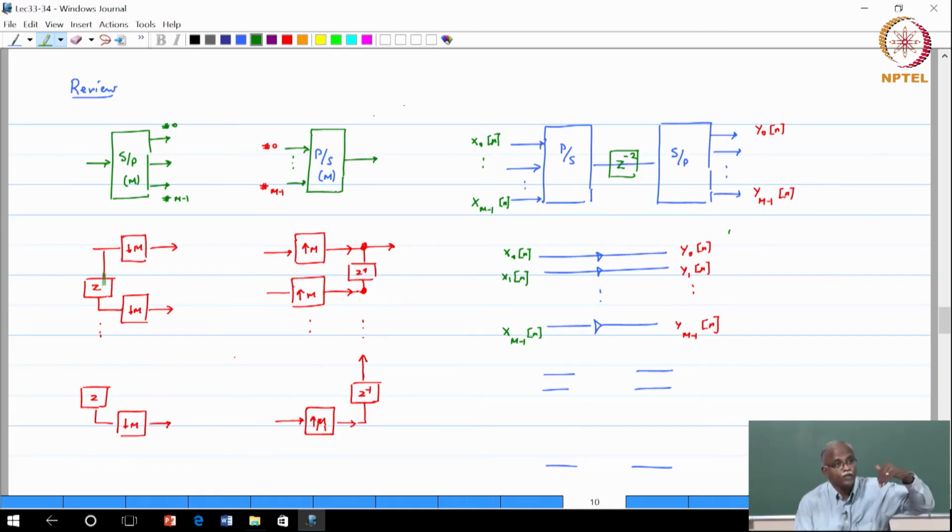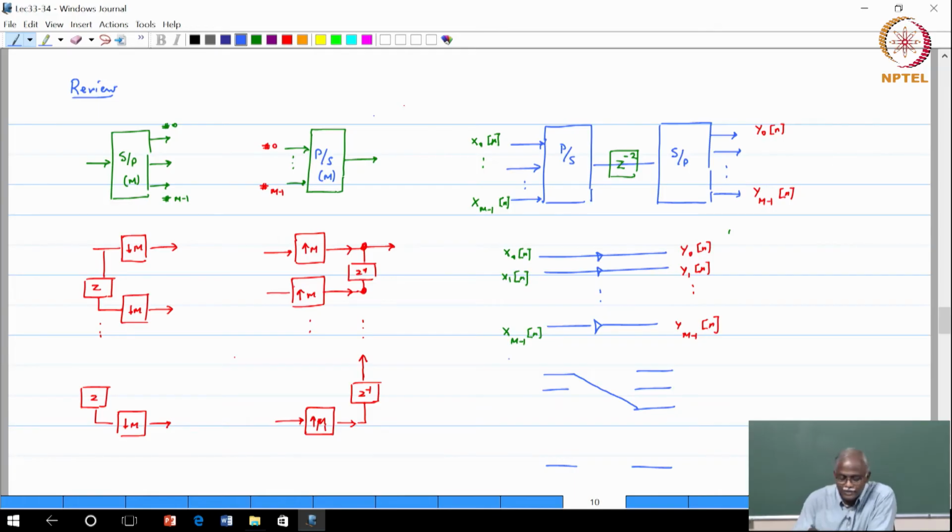That means overall transfer function is z power minus 1, will get killed. But if you drop down one more channel, z power minus 2 in the channel, z squared in the chain, will come out. So, actually the x naught of n comes out on a different branch. It comes out on this branch.